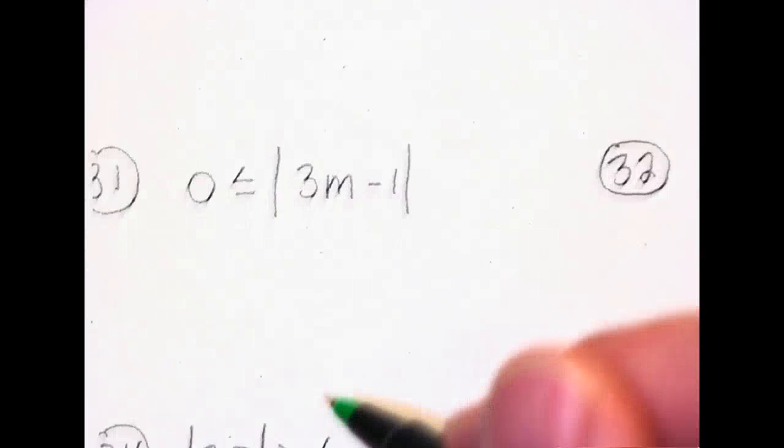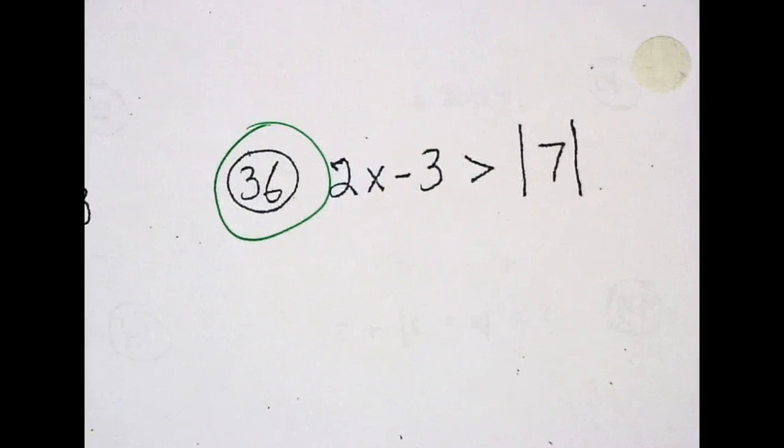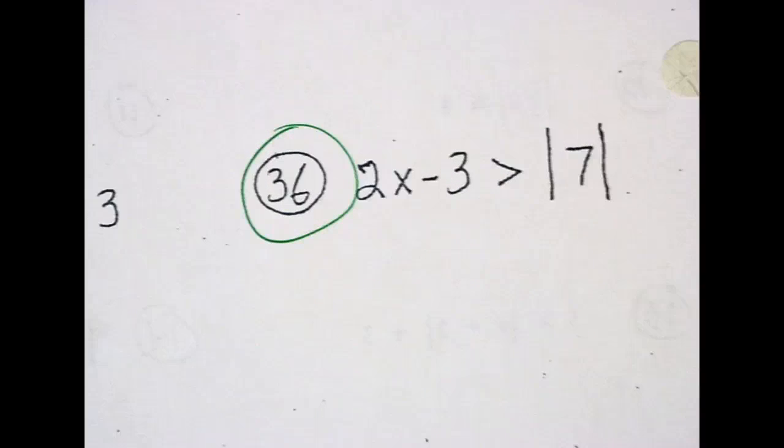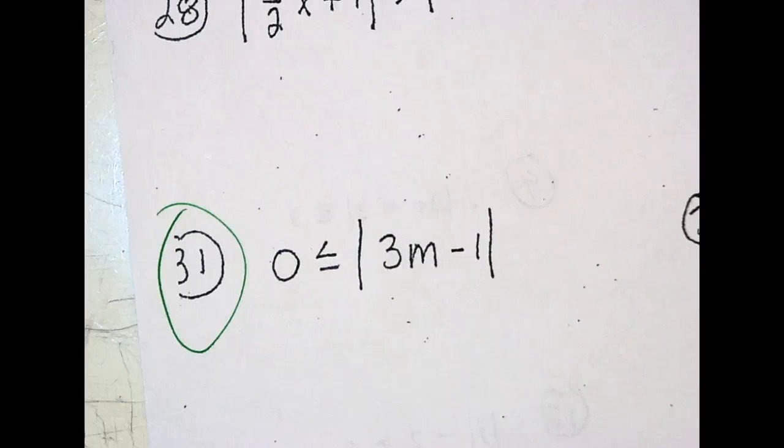Okay, the other two problems on this, I'm not going to do them, but the other kind of different ones that you're going to see, problem 31 and problem 36. All right. 31, you should be asking yourself, what numbers are 0 units from 0?